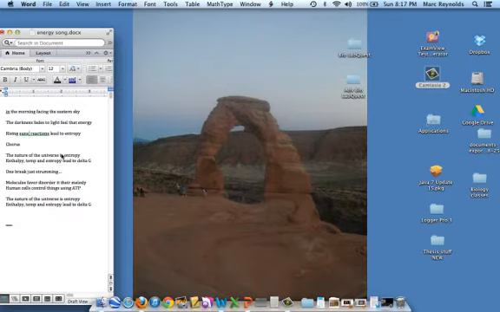I'm sitting in the morning facing the eastern sky. The darkness fades to light and I'm feeling that energy. The rising sun's reactions lead to entropy. The nature of the universe is entropy. Enthalpy, temp, and entropy too.